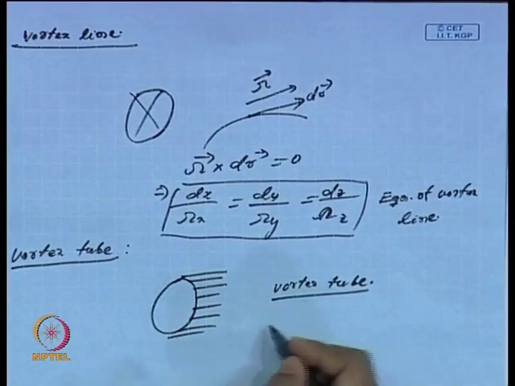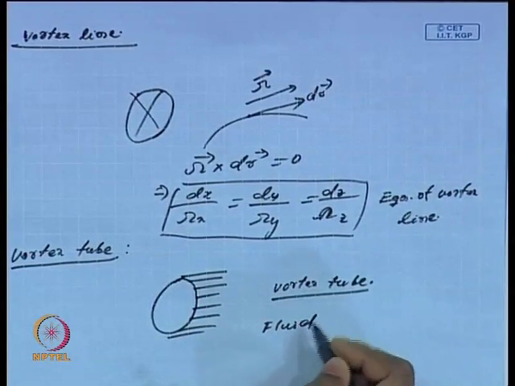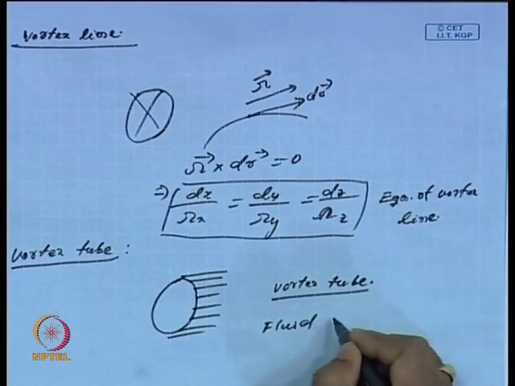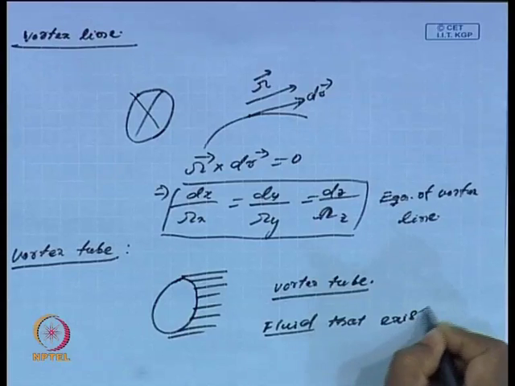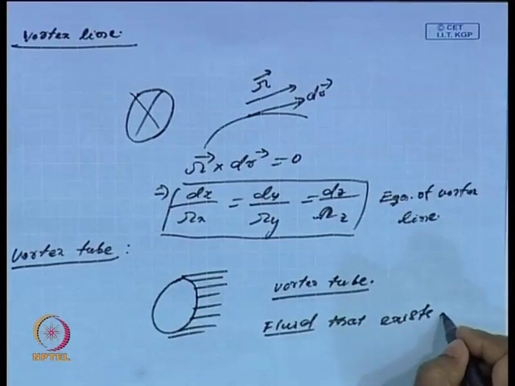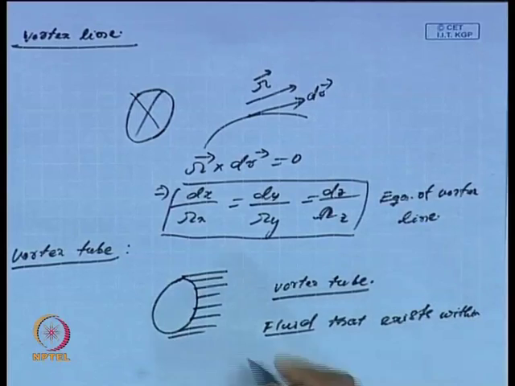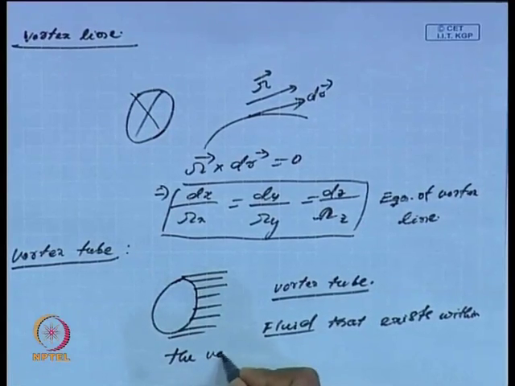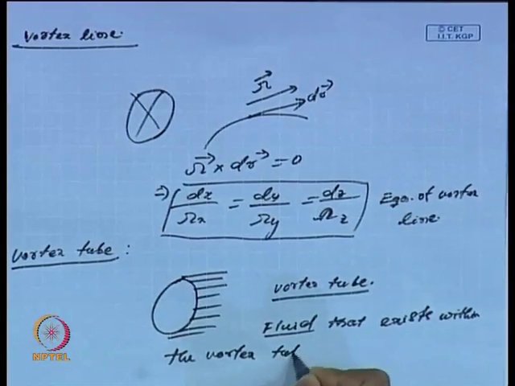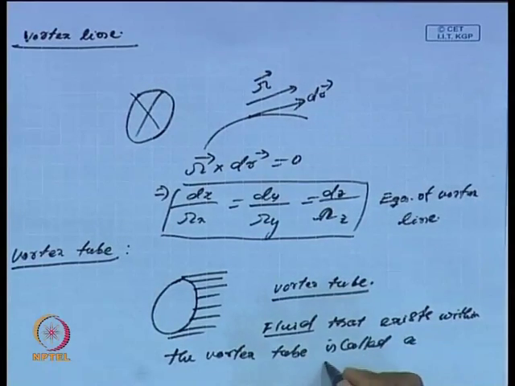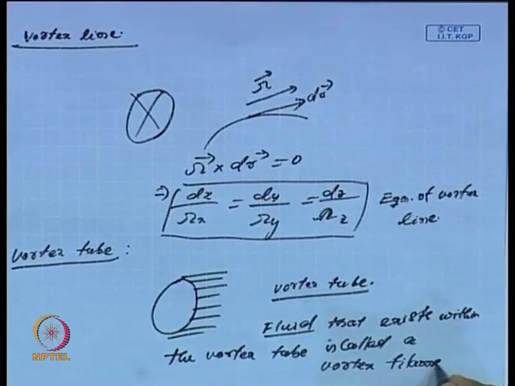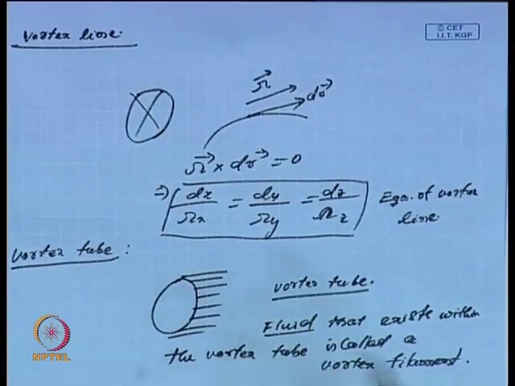However, the fluid that exists inside the vortex tube, within the vortex tube, is called a vortex filament. It is the fluid that remains inside this tube.